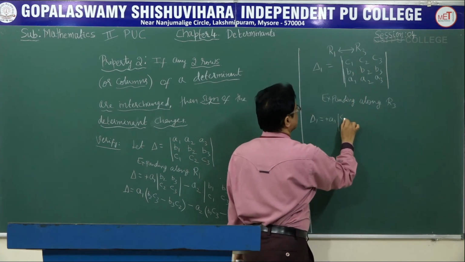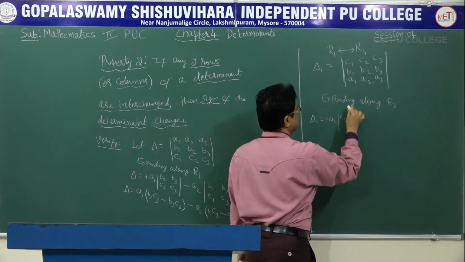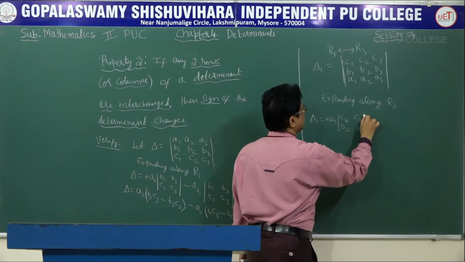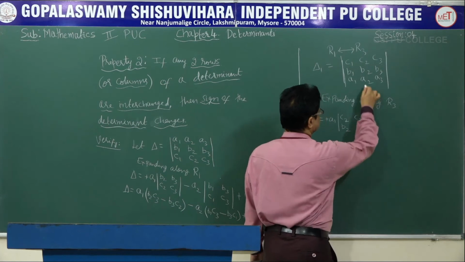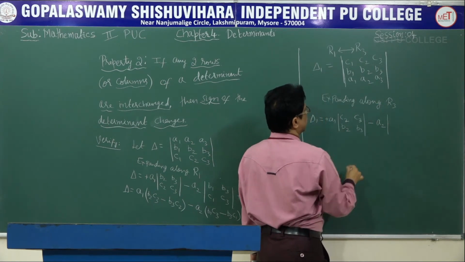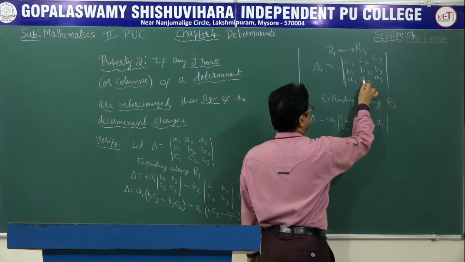That is C2, C3, B2, B3, minus A2 into the determinant of. A2 lies in the third row and second column.